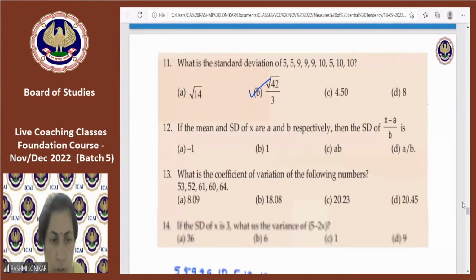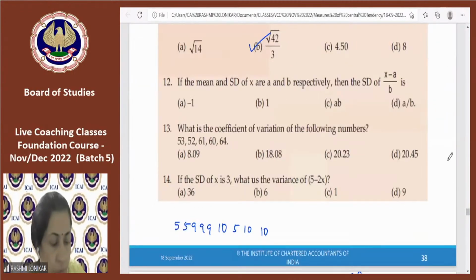So let us do that. The property is that standard deviation is dependent only on scale.